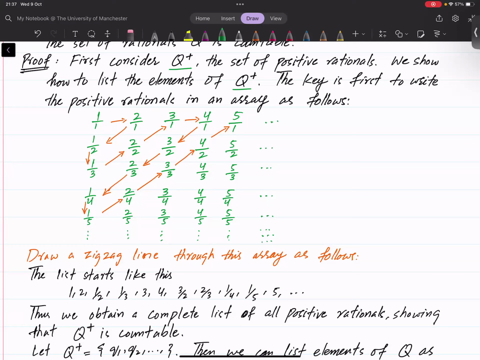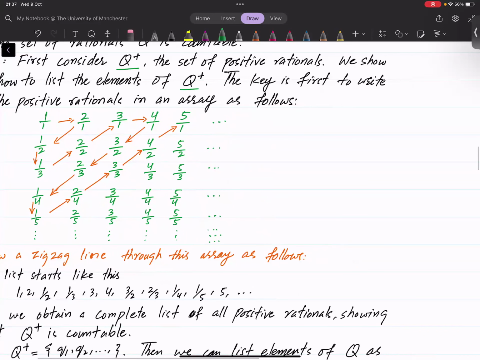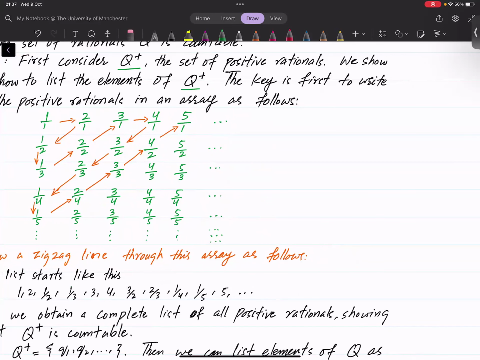Imagine we don't have all those arrows here, or I can write it for you again. I'm writing 1 over 1, 2 over 1, 3 over 1, 4 over 1, 5 over 1, and so on.